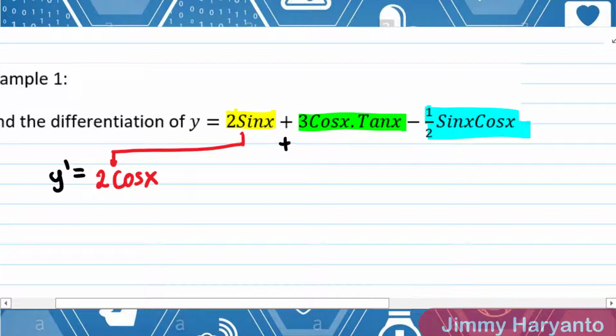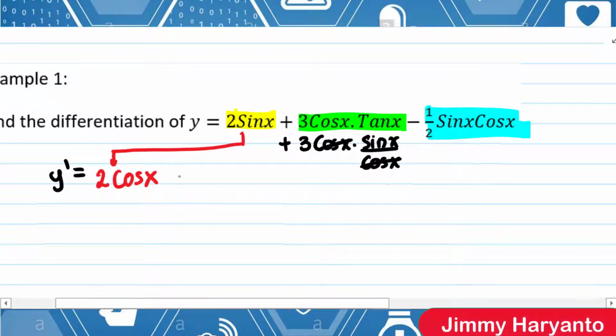If you can find the result of the multiplication, it will be better. So let's try to find the result. For tan x, we know that tan equals to sine over cos. We can cross out the cos. So we have 3 sine x, right? 3 sine x differentiated into 3 cos x.